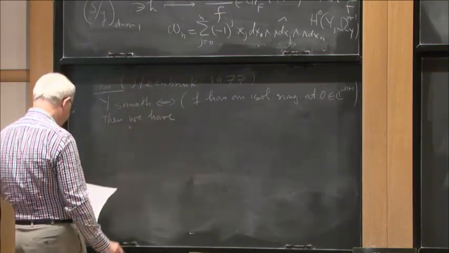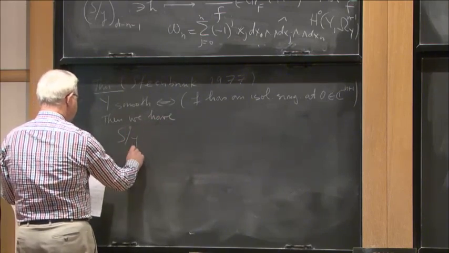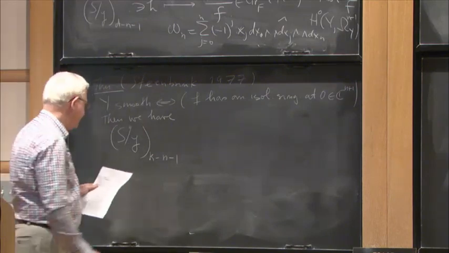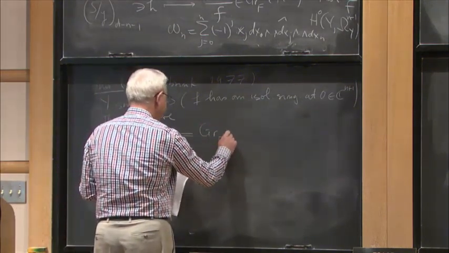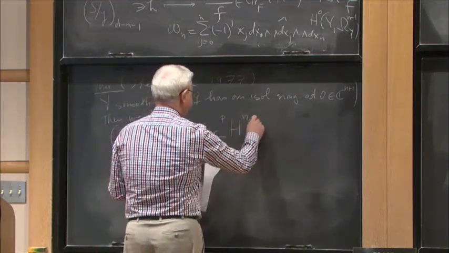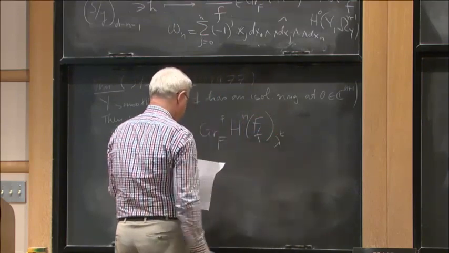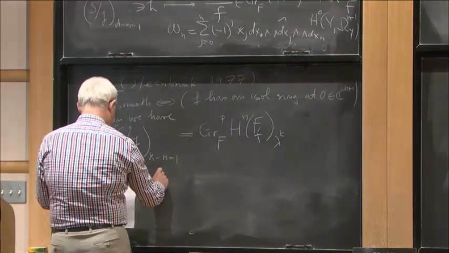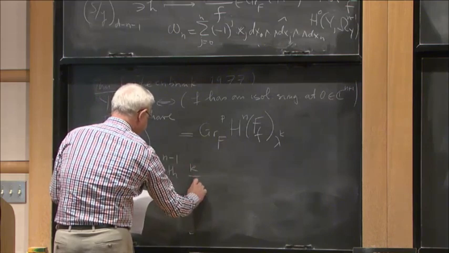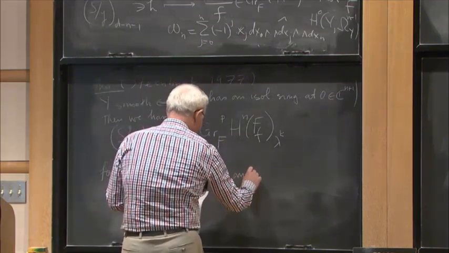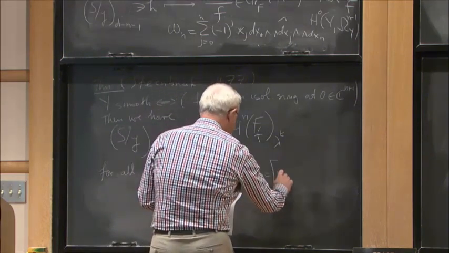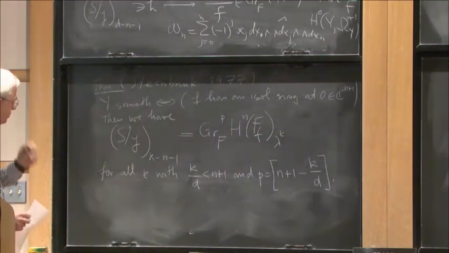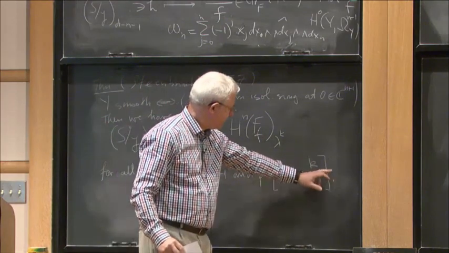we have a natural identification. If we consider the quotient in degree k minus n minus 1, this corresponds to the following, where the brackets mean integral part.